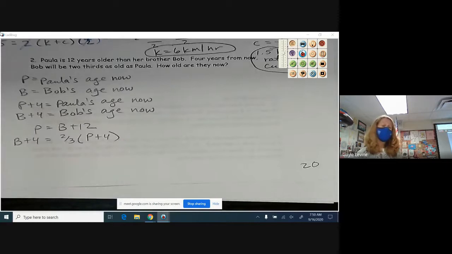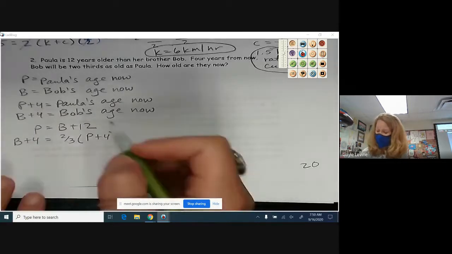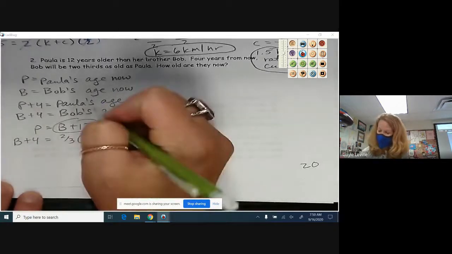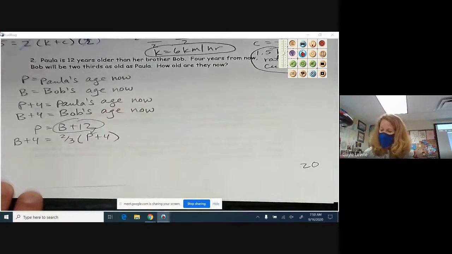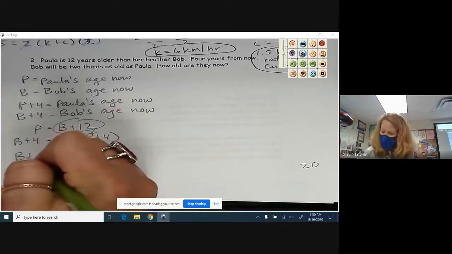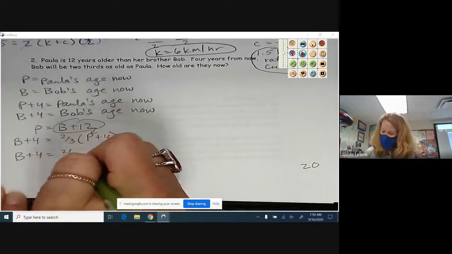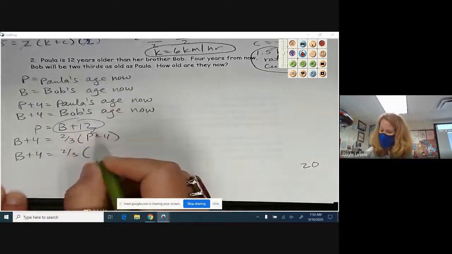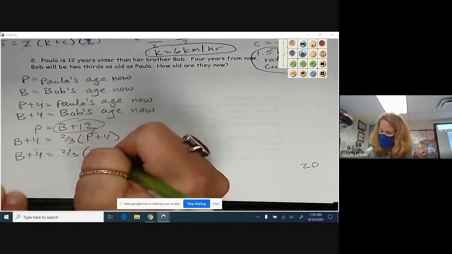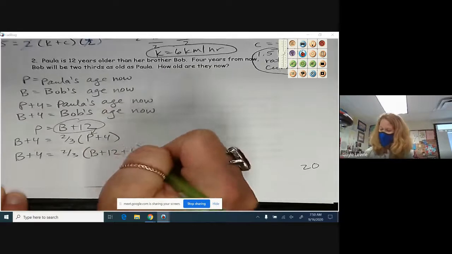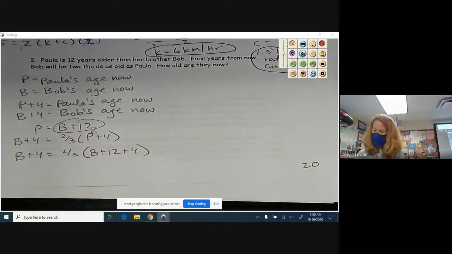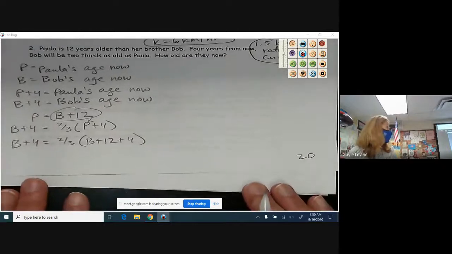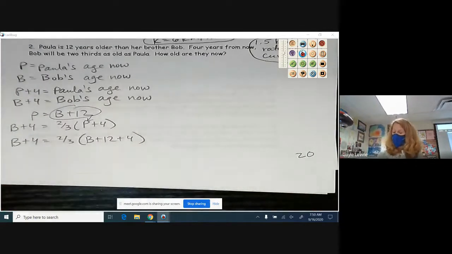So I would use substitution here, and I would take the B plus 12 and put that in for P. So I would do B plus 4 equals 2/3, and we're going to plug in the B plus 12 for P. So I had B plus 12 plus 4. All right, you want to combine your like terms.